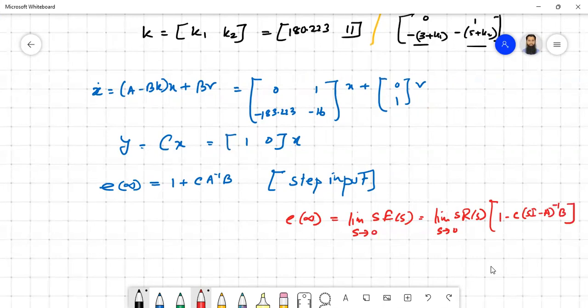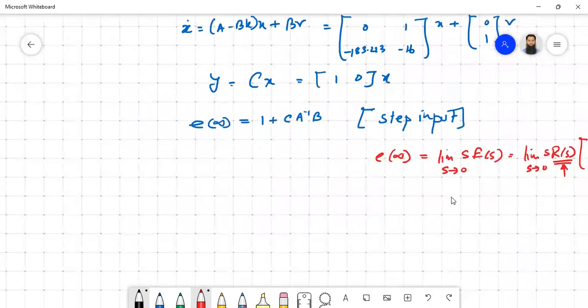Whatever your R is, based on that, you can use the same equation but with different values of R(s). It can be 1 by s for your step, 1 by s square for your ramp, 1 by s cube for your parabolic input. So go for anyone you like. In this particular case, we are dealing with steps, so we can directly go for the step equation.